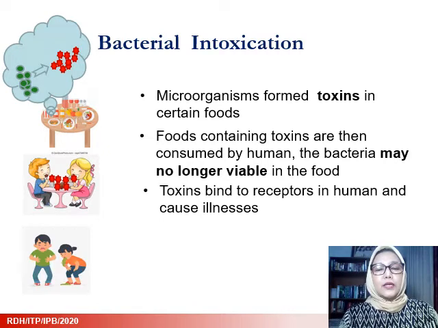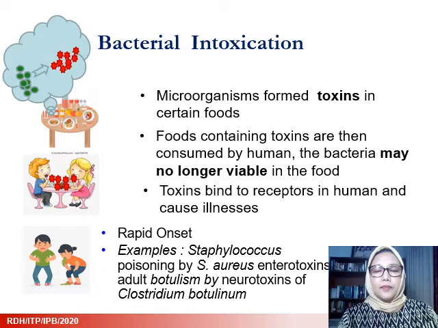The time between consumption and the appearance of the symptoms is generally quick. That's why it's called rapid onset. Examples for foodborne intoxication are Staphylococcus poisoning by Staph aureus enterotoxins and adult botulism by neurotoxins produced by Clostridium botulinum.